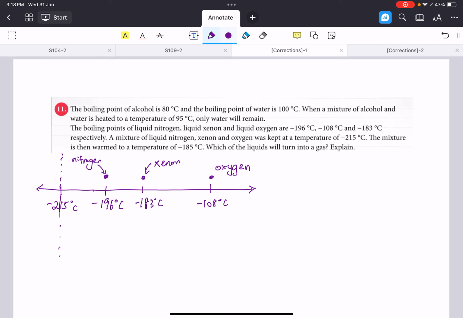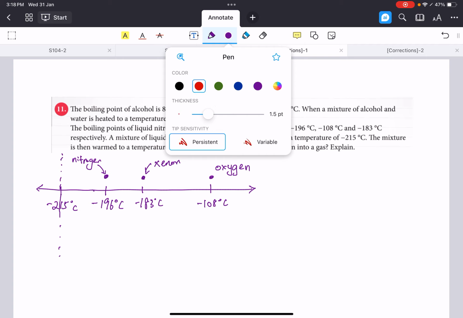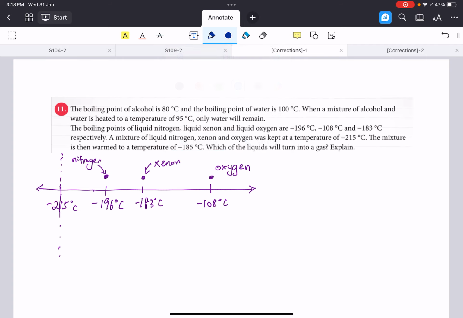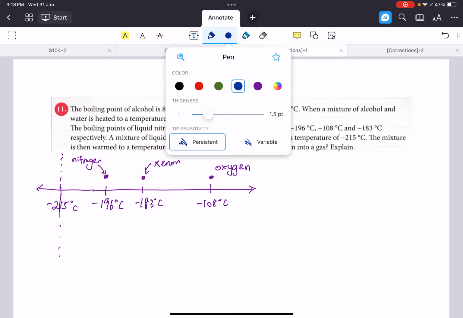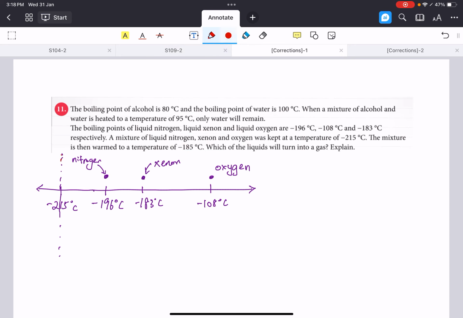But what happened is, the temperature slowly rises. Maybe I use a different color pen. Not pen, I just use a highlighter so they can see what's happening. Nah, color pen is better. Change my mind. The temperature started here, and then it starts to heat up and move until it reached negative 185. Where exactly is negative 185?